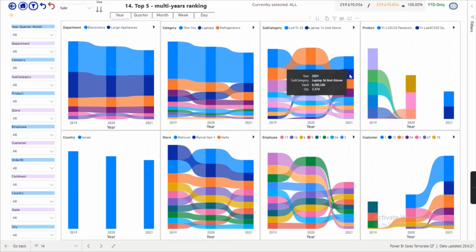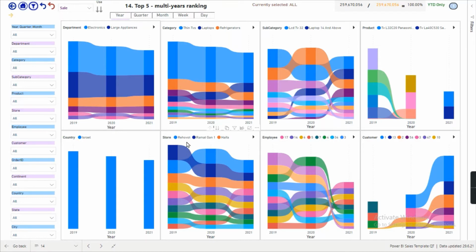Okay, we saw it before, that is going up very strong. So we can see the ranking of the 10 top subcategories. The 10 products, we see clearly that products are not lasting over years. So each year we have other contenders.